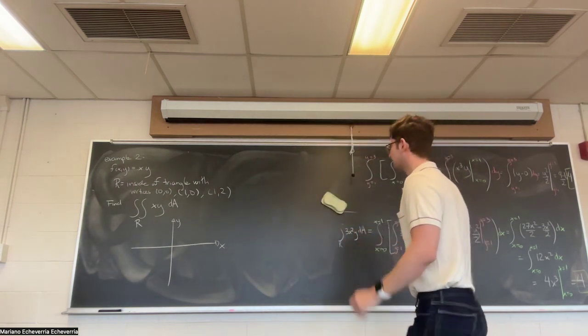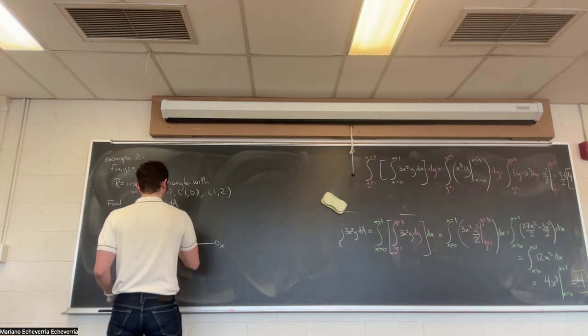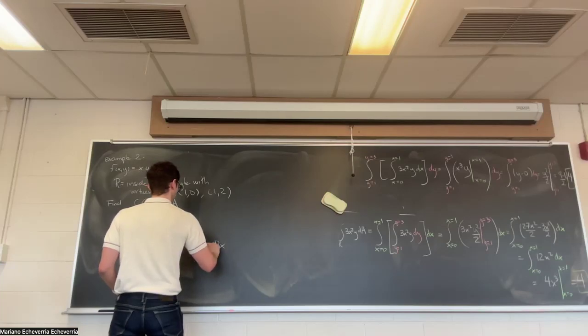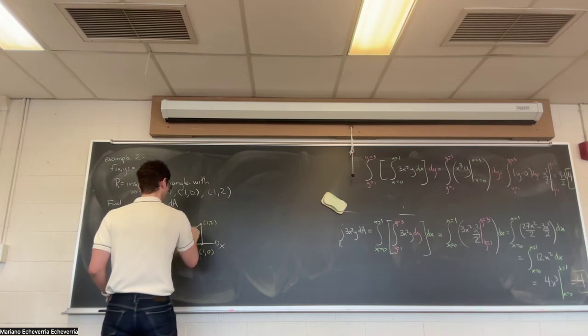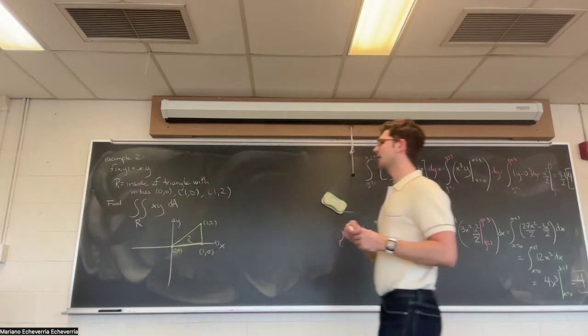So the vertices are (0, 0), (1, 0), and (1, 2), and the region itself is this triangle.